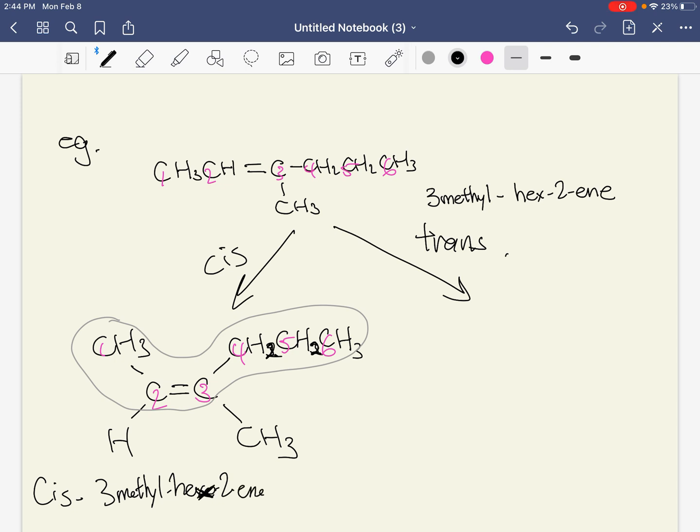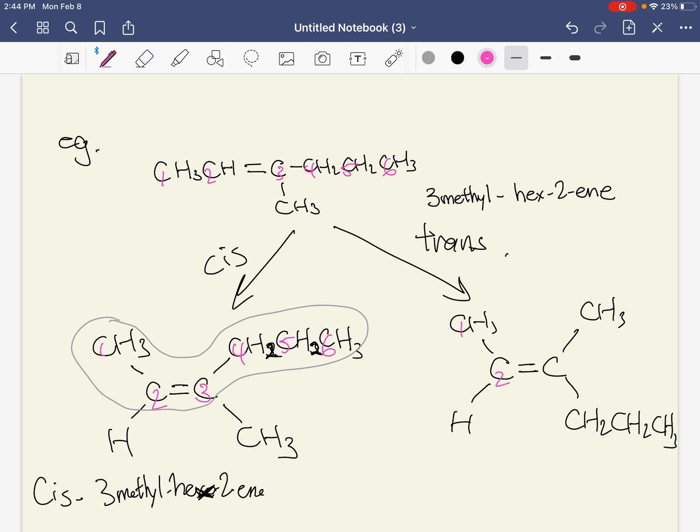Okay. Now, once you draw the cis configuration, the trans configuration will be just as easy to draw. Just keep one side the same and flip the other side. There you go. Okay, let's number these carbons so you know where they're coming from.